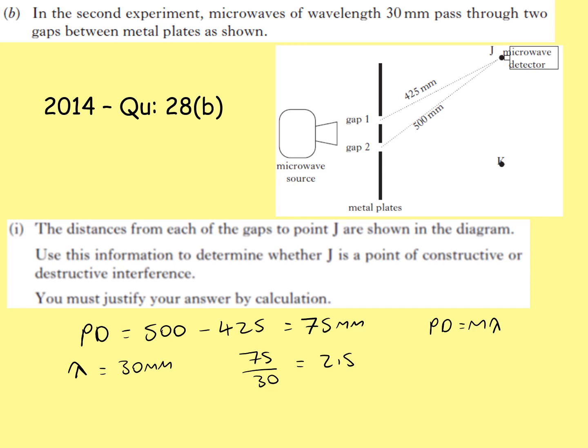For destructive interference, path difference is equal to m plus a half lambda. Here, the path difference is equal to 2.5 lambda. Therefore, we have destructive interference.